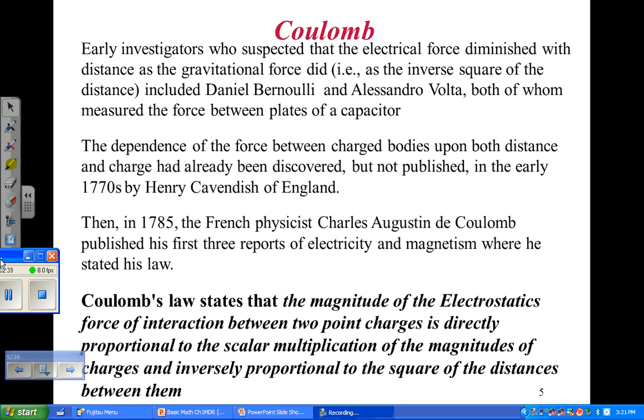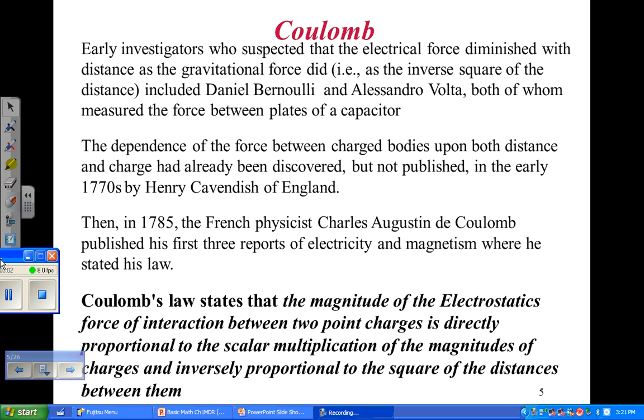The dependence of the force between charged bodies upon both distance and the charge had already been discovered but not published in the early 1770s by Henry Cavendish of England. Then in 1785, the French physicist Charles Augustin de Coulomb published his first three reports of electricity and magnetism where he stated his laws.